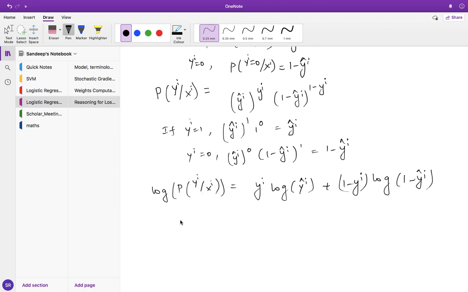So let me write that. Consider that there are m examples. So if there are m examples, we can write this as the product over i equal to 1 to m of probability of yi given xi. We would like to maximize this probability.